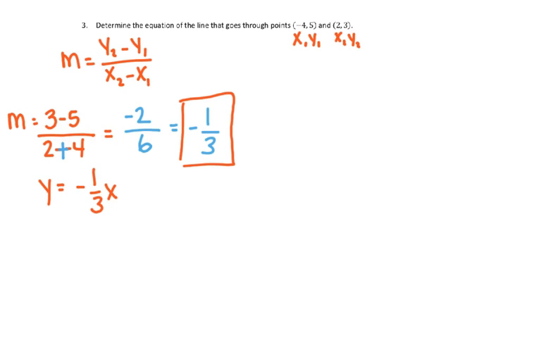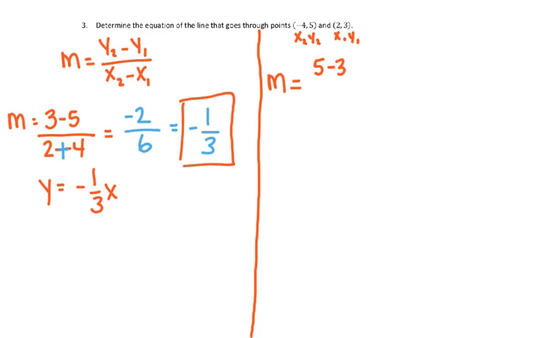Okay? Now, I want to show you that it doesn't matter the order that you put these numbers in to calculate the slope. So I'm going to change my order. I'm going to choose to make this x1 and y1 and this x2 and y2, and we're going to go through and solve and show you that it doesn't matter. So I still have my slope formula, which says m equals y2, so I've got 5 first, minus y1, which is 3, over x2, which is negative 4, minus x1, which is 2.